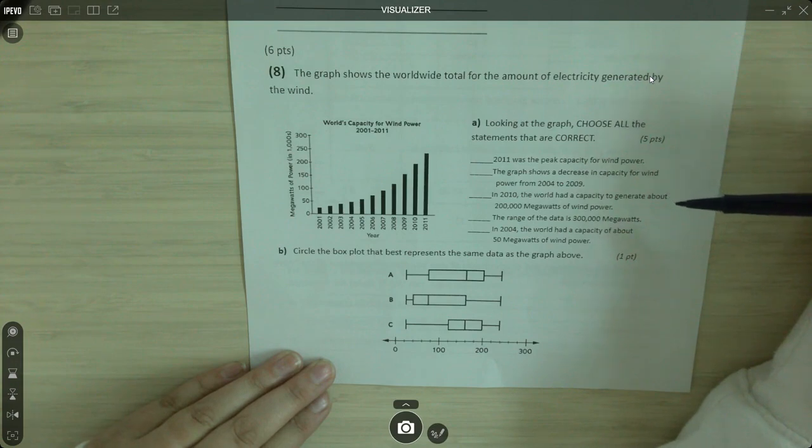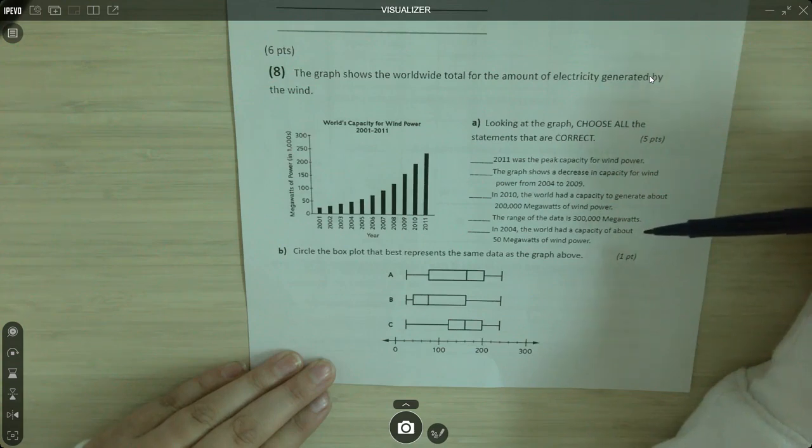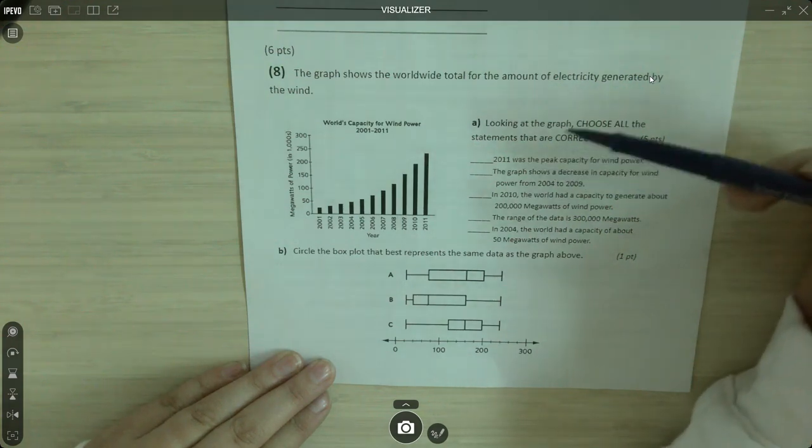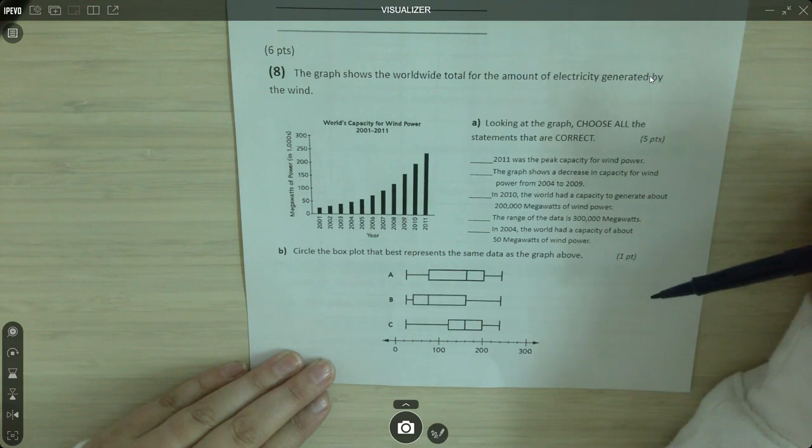In 2010, the world had a capacity to generate about 200,000 megawatts of wind power. The range of the data is 300,000 megawatts. In 2004, the world had a capacity of about 50 megawatts of wind power. So you're just going to place a check mark on the ones that are correct.